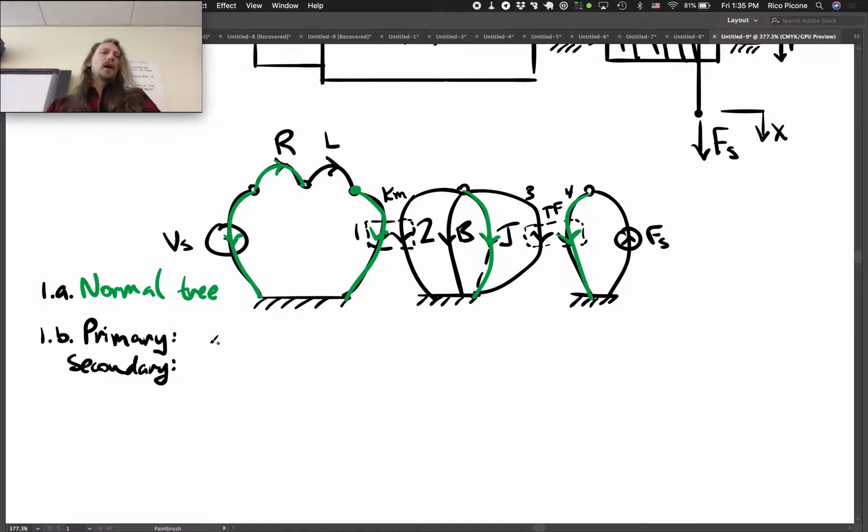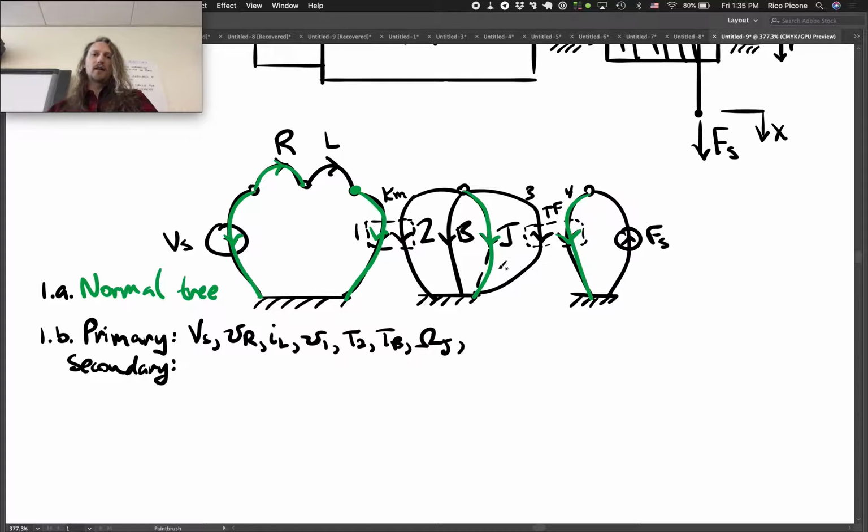We're looking for cross variables on branches and through variables on links, right? So cross variable on branches: VS, VR. Through variables on links: IL, V1. Now we're on the mechanical rotational side, so we've got T2, TB, through variables. And then omega J, cross variable because it's a branch.